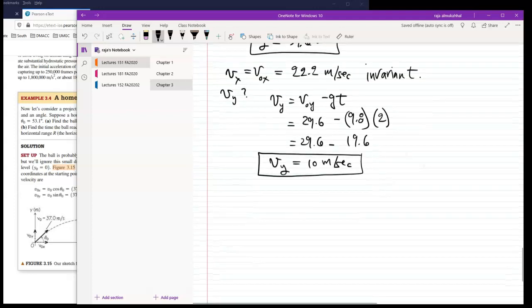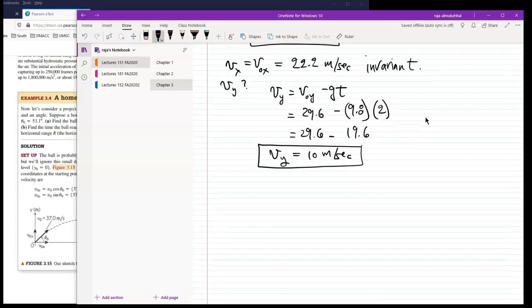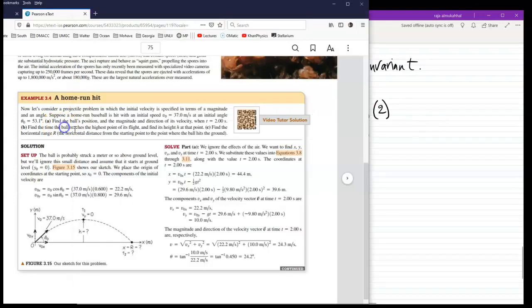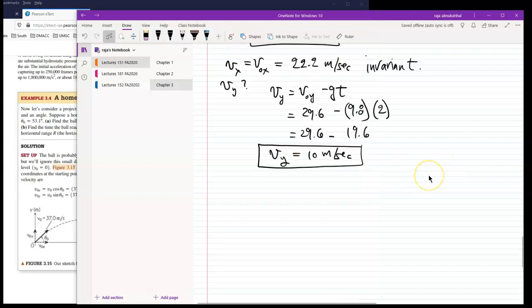Okay. Now the last part, as far as velocity is concerned, he said the magnitude and direction of the velocity. So you want to find the magnitude. How do you find the magnitude, guys? Remember, V, the Pythagorean, is equal to the square root of Vx squared plus Vy squared, and I got them both. Vx is right here, and Vy is right there.